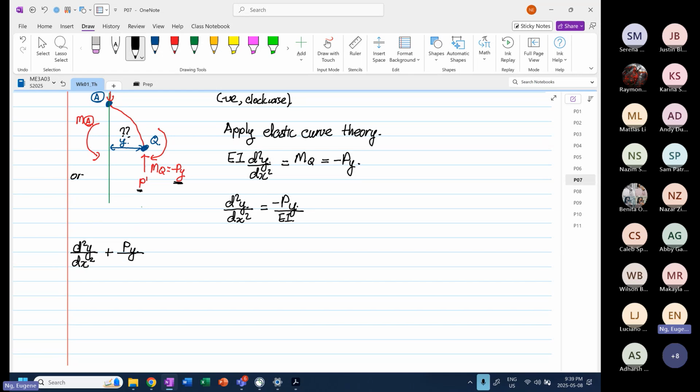Now Py is a single term, and the whole thing is equal to 0. Rather than 1, 2, 3, I'm going to call this equation A.